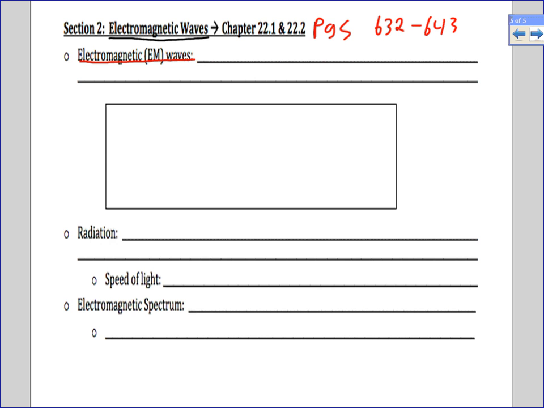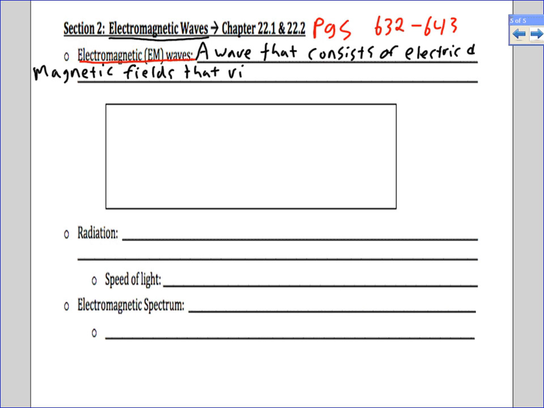Okay? And an electromagnetic wave is a wave that consists of electric and magnetic fields that vibrate at right angles to each other.